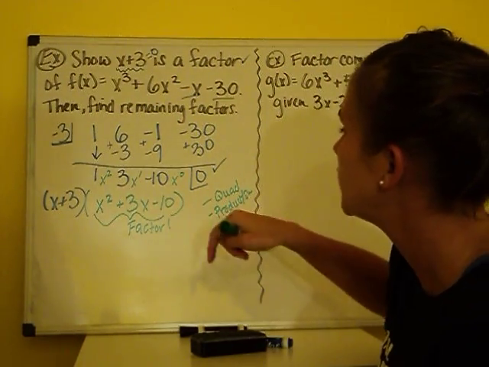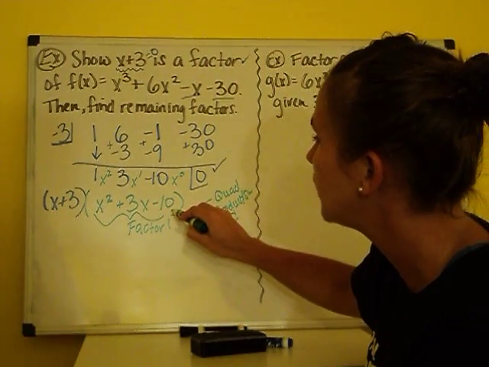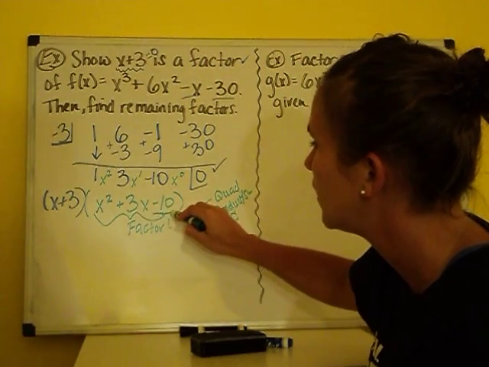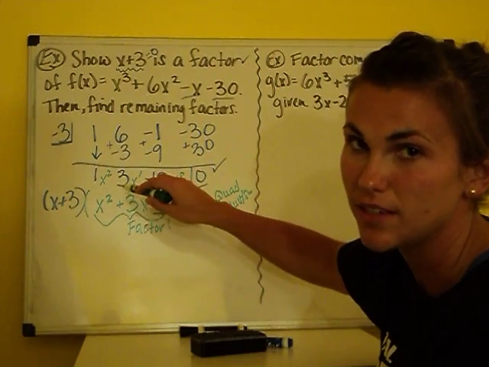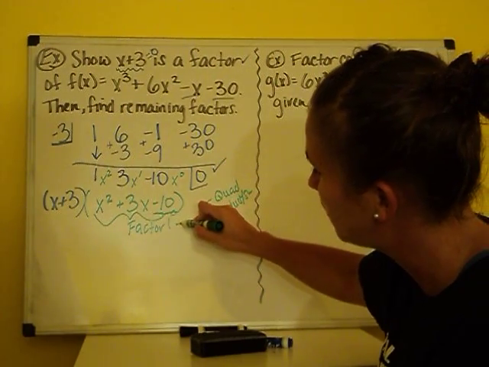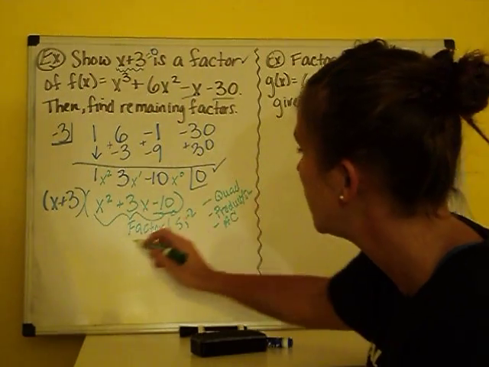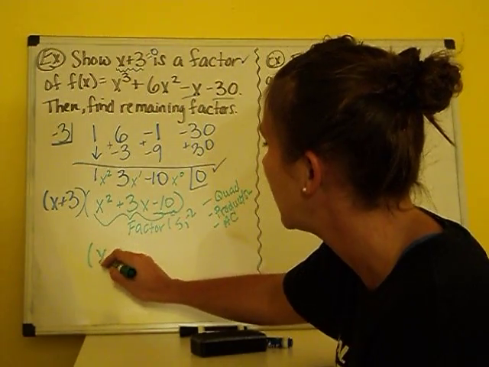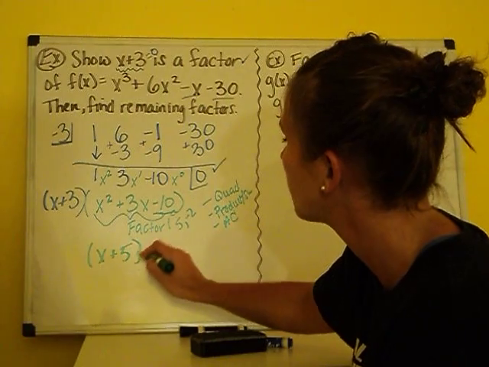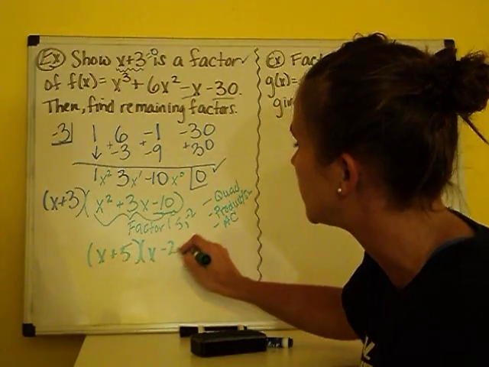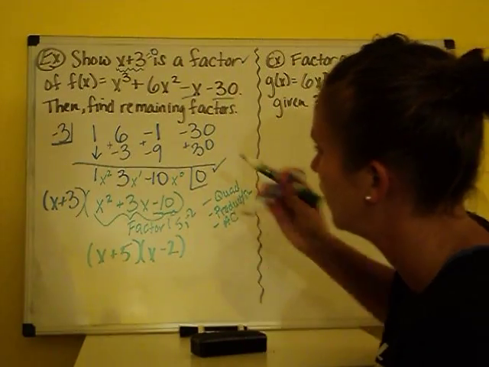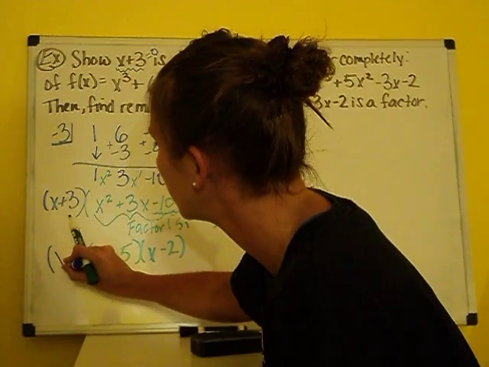So this one, if I'm going to do product sum, what multiplies together to be negative 10 that adds to positive 3? If you said positive 5 and a negative 2, you are correct, which means that I get x plus 5, x minus 2. Okay? And then I have this guy left over.